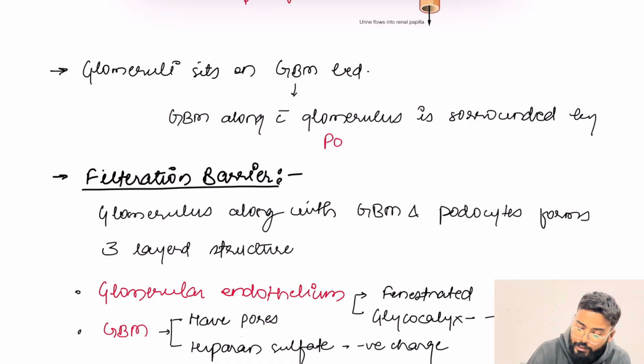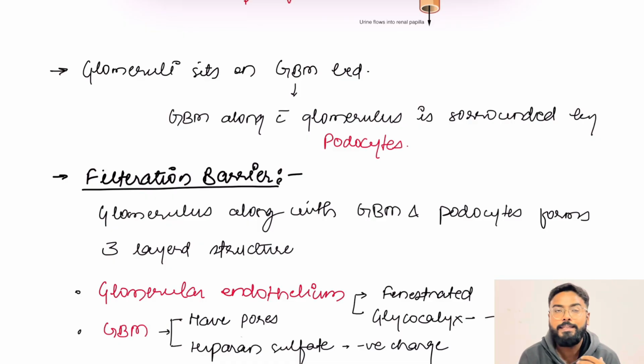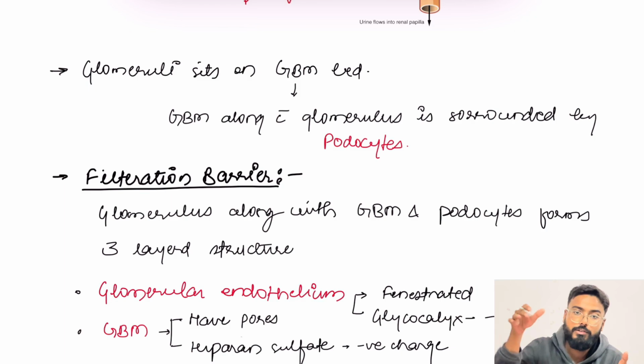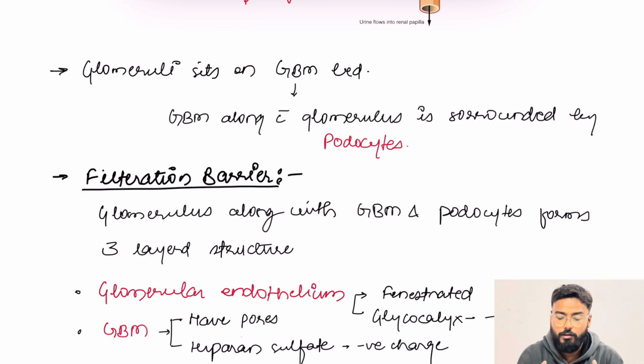These three structures are attached to one another. First comes the endothelium of your glomerulus, then the basement membrane, and the podocyte surrounds these two, covering these two structures.